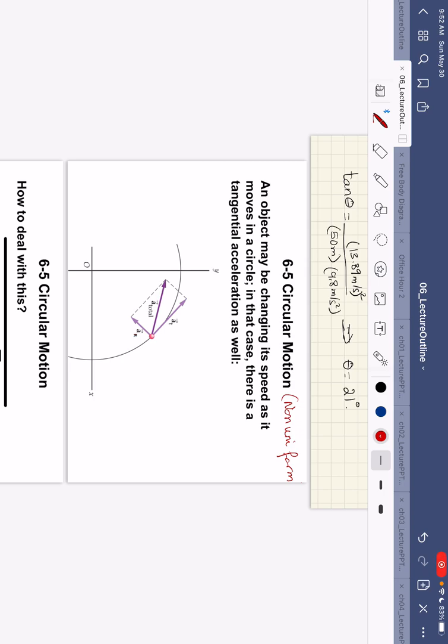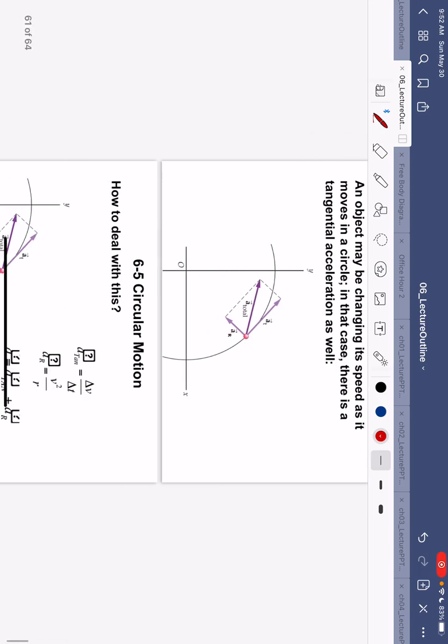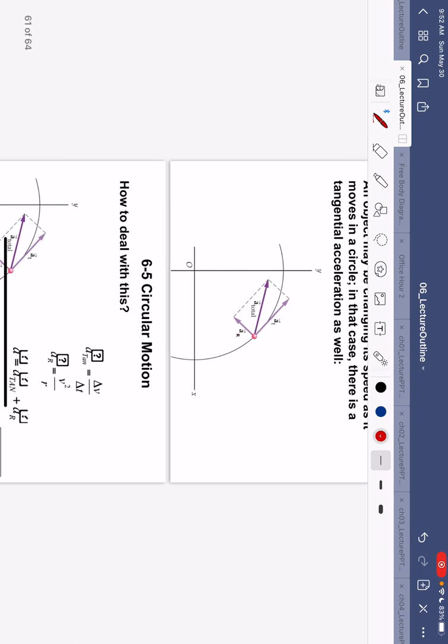Then what we are going to get is the resultant, A total, and that can be calculated as the square root of AT, the tangential, squared, plus AR, the radial, squared. And of course, you can also find that angle here, and that angle is going to be tan inverse of AR over AT.